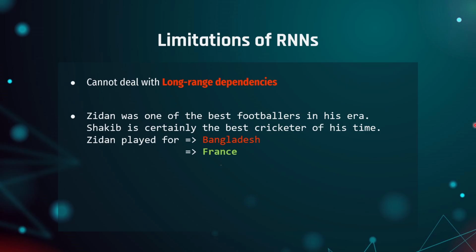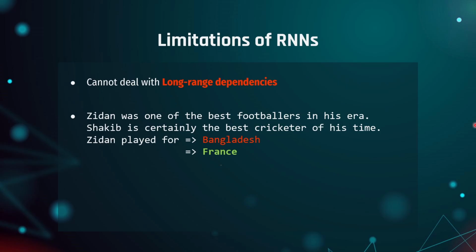So this is the classic problem of seq to seq models, that it forgets the memory, or it cannot remember information that it should remember, that is necessary.